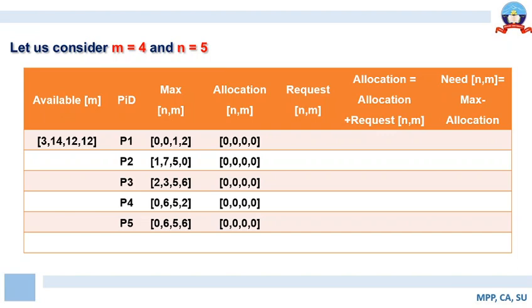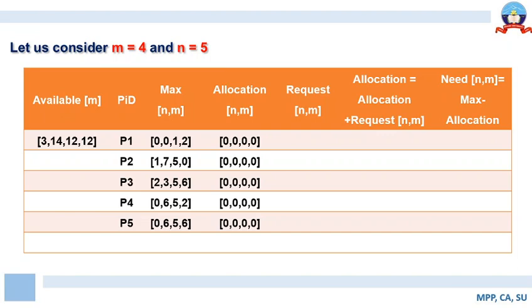P2 requires 1, 7, 5, 0 instances of R1, R2, R3, R4 respectively. P3 requires 2, 3, 5, 6 instances. Likewise, P4 requires 0, 6, 5, 2 instances of resources R1, R2, R3, R4 respectively.